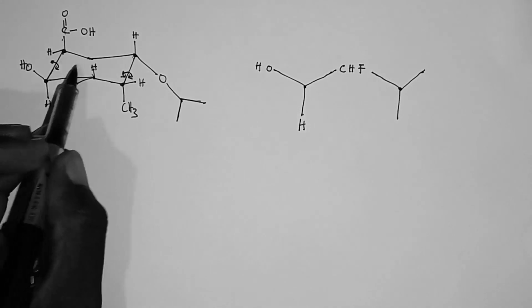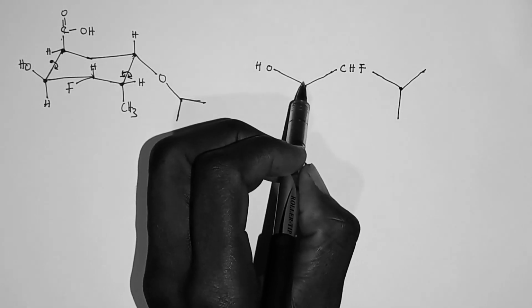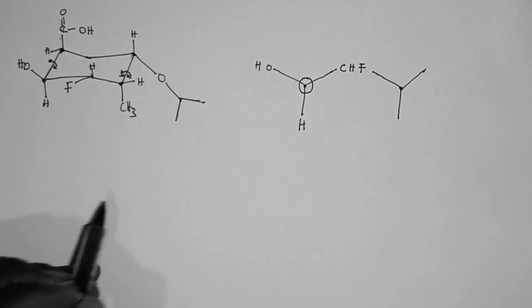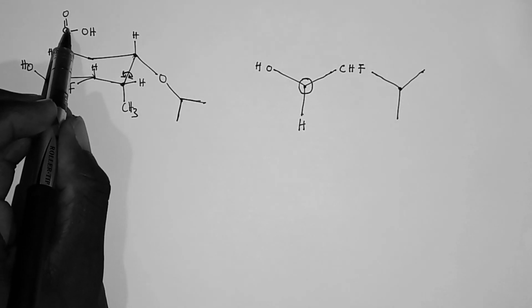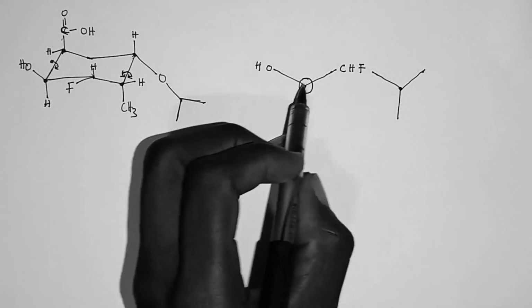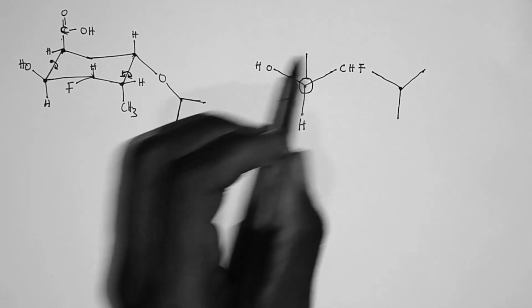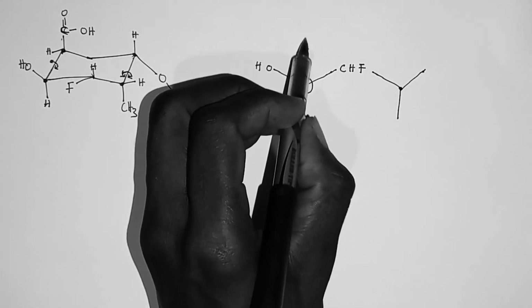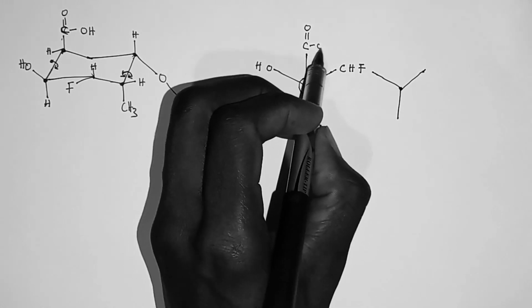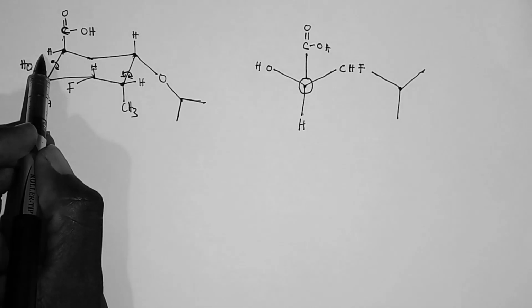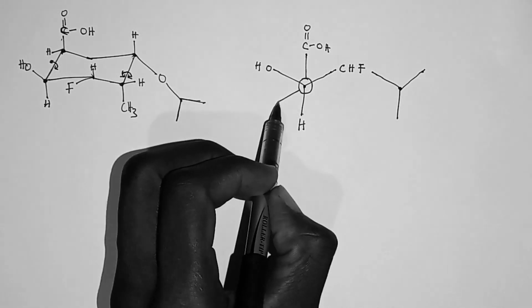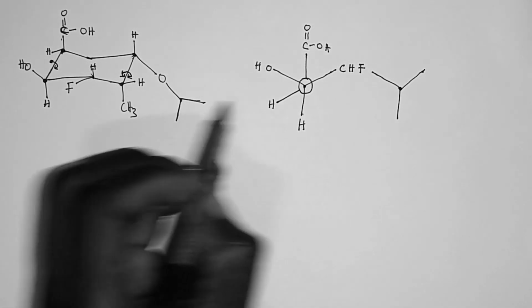Then now, let's draw the carbon at the back, which is this one. In the axial position, there is a carboxylic acid group. So at this part of this molecule, there is a carboxylic functional group here. And then you can see that this side is a proton.